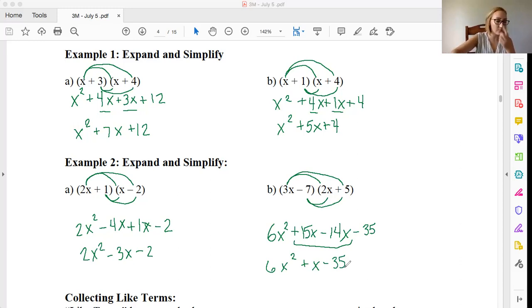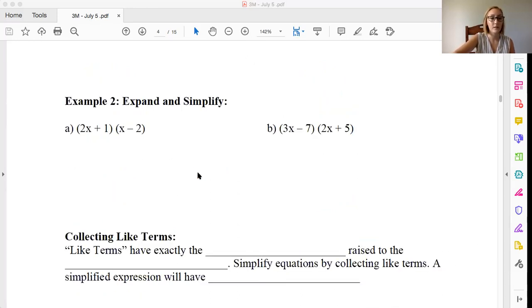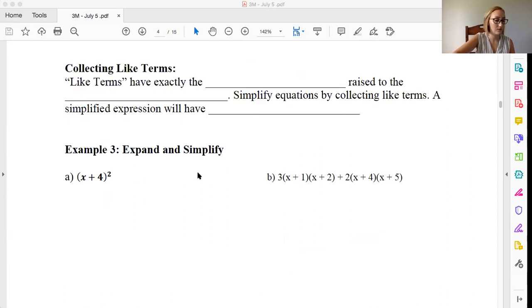We're going to do a little bit of a revision on collecting like terms now. So I am going to clear this and move forward. Okay, so like terms have exactly the same variable, so the same letter raised to the same exponent.